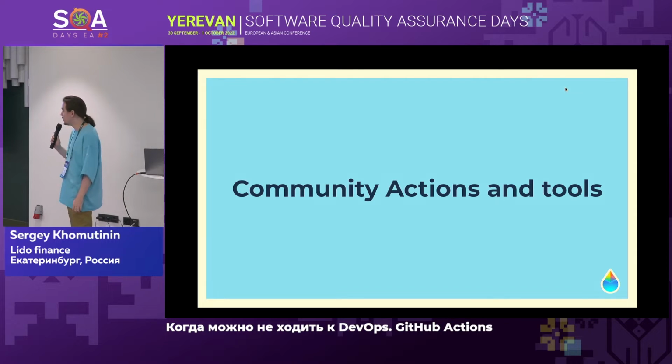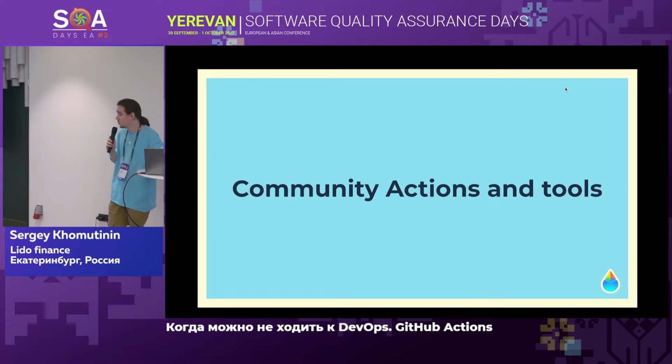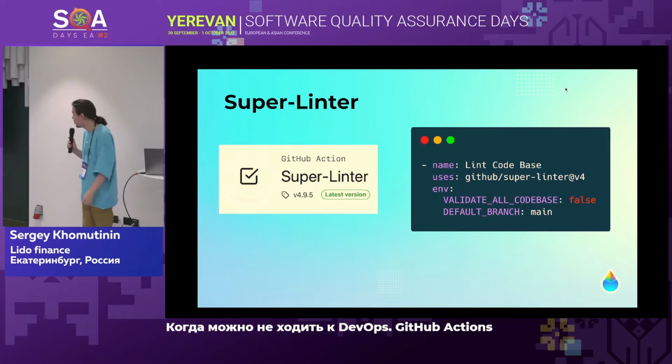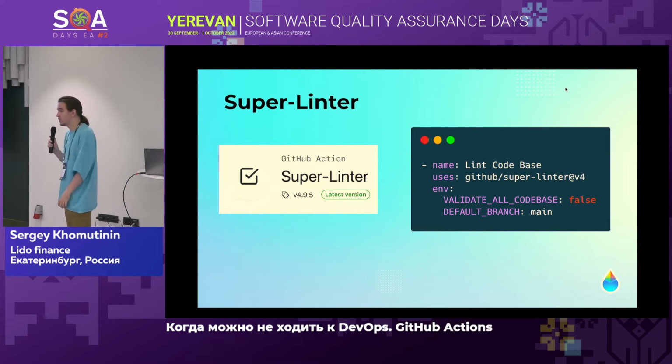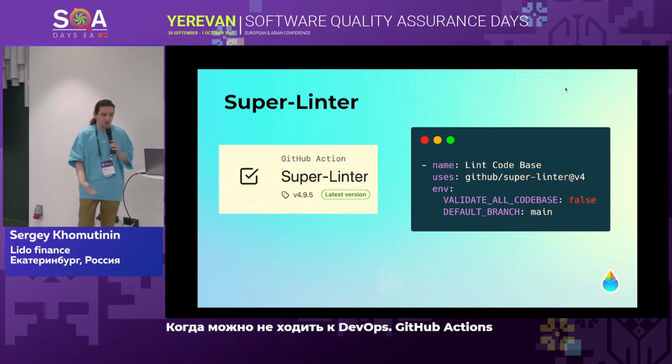Let's cover some community-related actions, because the community is robust and well developed in GitHub. There's, for example, Super-Linter, which is developed by GitHub. This is a super aggregator which is connected by 5 lines, and it's going to lint everything.